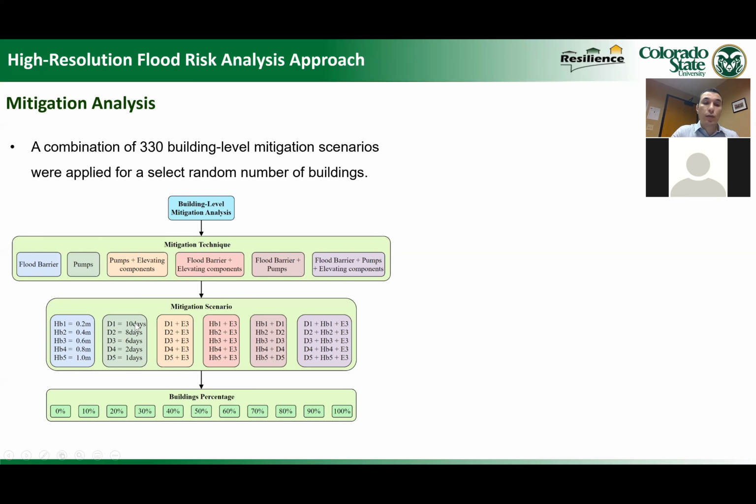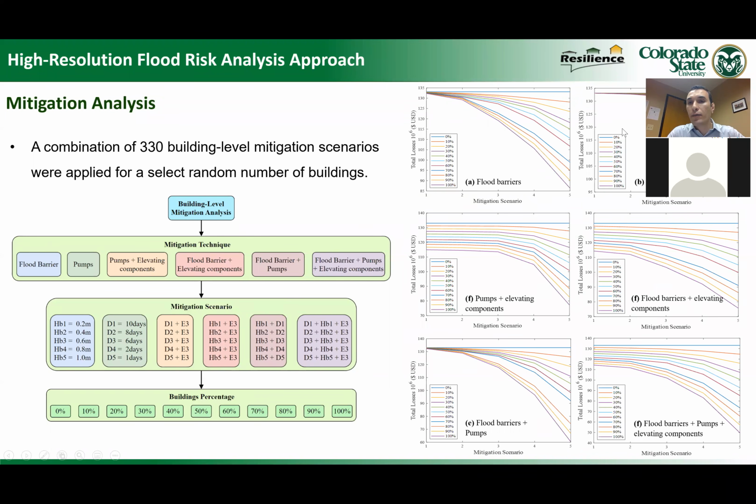And what if they were able to make the flood duration 6 days or 2 days or 1 day, and also many combinations of these scenarios? And what if not all the households in the floodplains were able to do this mitigation measure, like 0%, or 10%, 20%, 30% of the households in the floodplain were able to apply these mitigation measures.